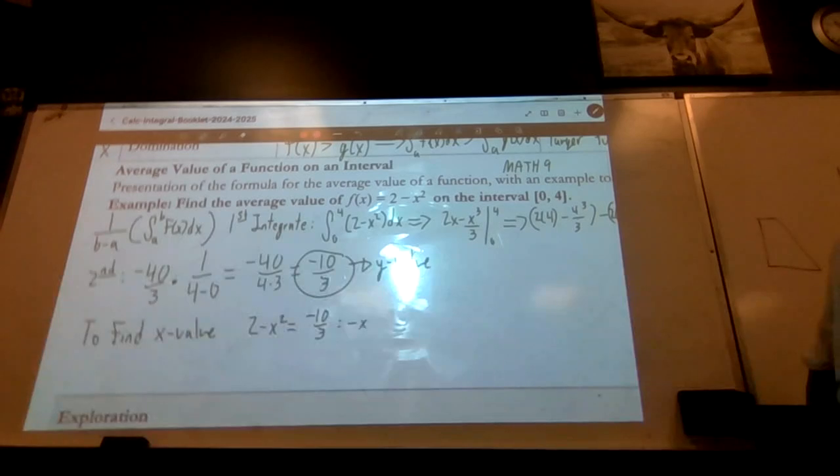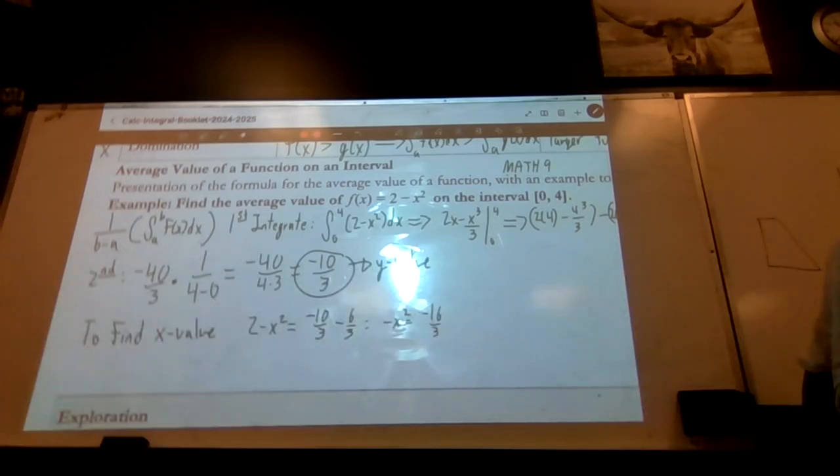Negative x squared equals, subtract by 2 there. So we do negative 10/3 minus 2, or minus 6 over 3, which is equal to negative 16 over 3.